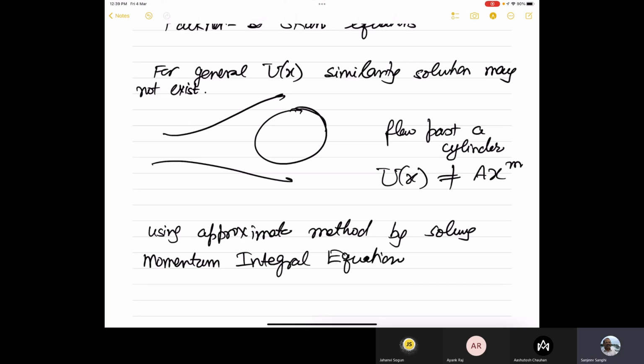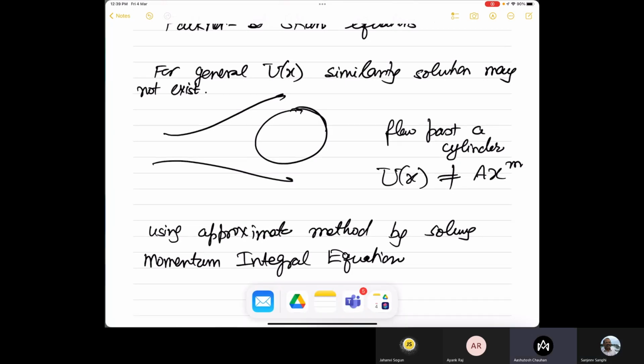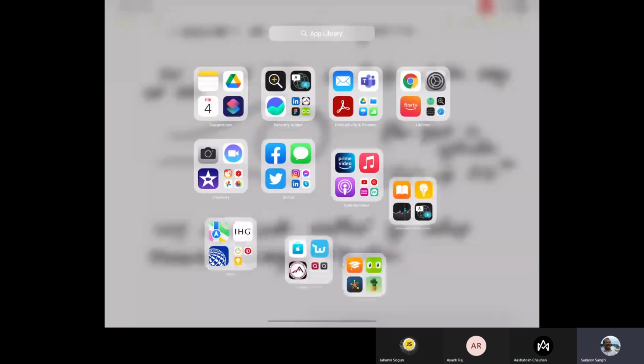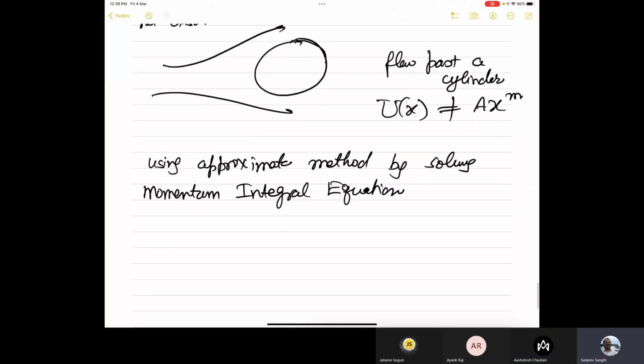Do you all recall what the momentum integral equation is? Or have we seen this before? Yes, we saw it in the last class. In the last class, we derived this equation, and as far as the equation goes, it looks like this.